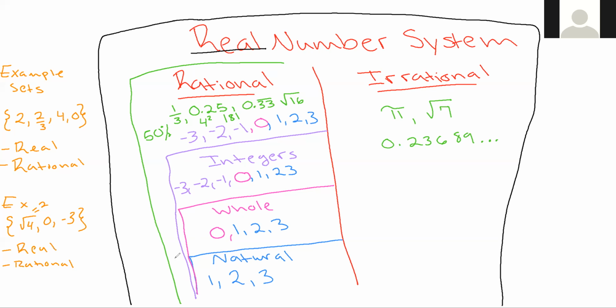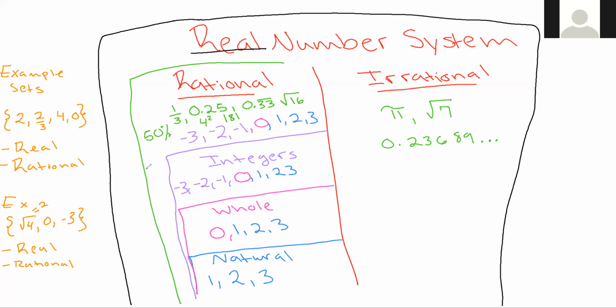Okay, so now let's look at 0. 0 is rational. Okay, we already know that. It's an integer, and it's a whole number, but 0 is not natural. So far, I can't use natural. And then -3.